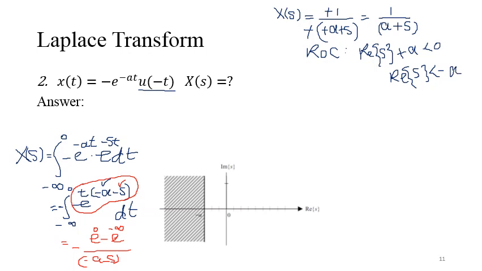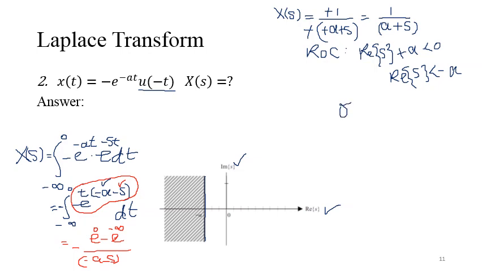So this is again the complex plane, where on the y-axis we have the imaginary part, and on the x-axis we have the real part. You can look at this, because this is the value of minus a. For all values where the real part, which is sigma, you understand sigma, right?